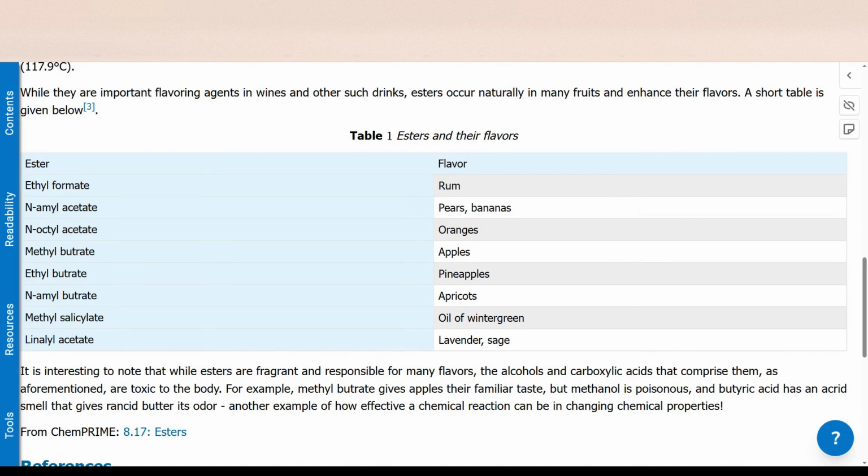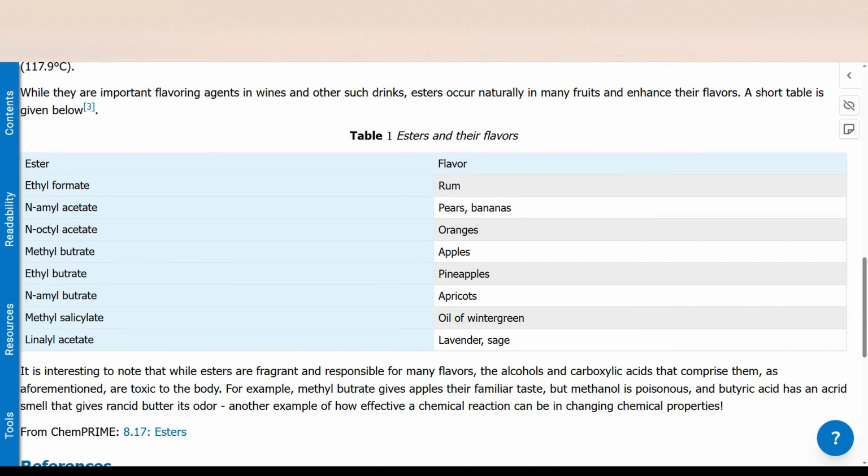So, for example, that methyl butyrate that's in apples, methanol, the alcohol that contributes to that ester, is actually poisonous. And butyric acid, which is a carboxylic acid that reacts with methanol to give you methyl butyrate, is actually the compound that's responsible for the smell that rancid butter has.